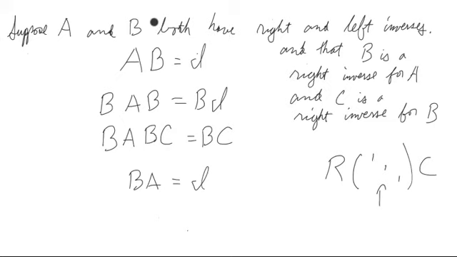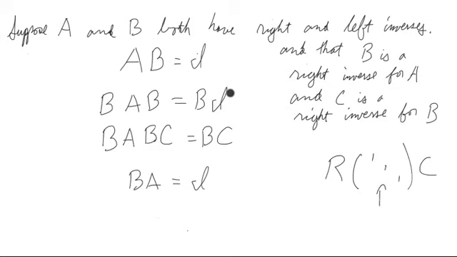Well, suppose A has a right inverse, let's say it's B, and B in and of itself, representing an isomorphism, we can think of it as having left and right inverses too, and let C be its right inverse. Then we could go through a little thought exercise. AB is the identity. So what if we multiply both sides by B?